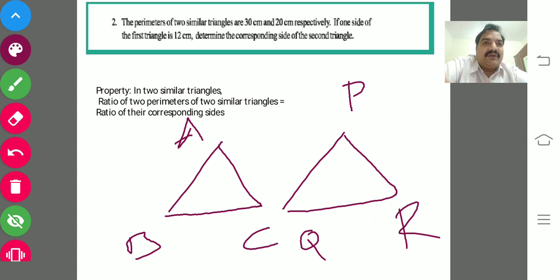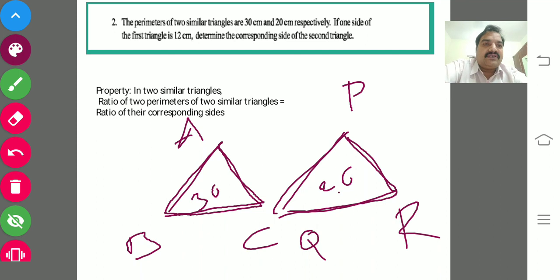The perimeter means the total sum of the boundaries: AB plus BC plus AC, and here also PQ plus QR plus PR. Here 30 is given and here 20. Of course this is the bigger and this is the smaller; it's rough work for analyzing, don't compare it. So this is 30 centimeters perimeter and here 20 centimeters perimeter is given.